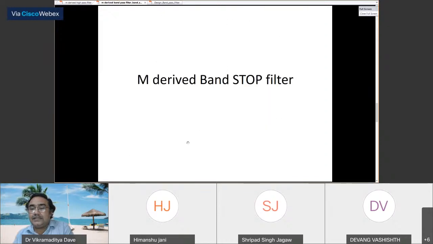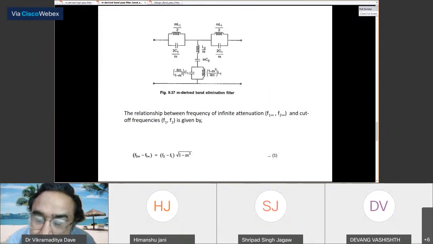Here it is F2 infinity minus F1 infinity equals F2 minus F1 into under root 1 minus m square. Previously in the band pass filter it was in the denominator, but in the band reject filter it is in the numerator. If the four frequencies are given to you, you can easily calculate the value of m.